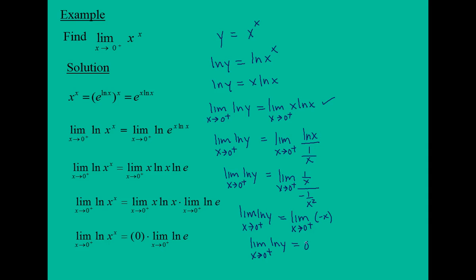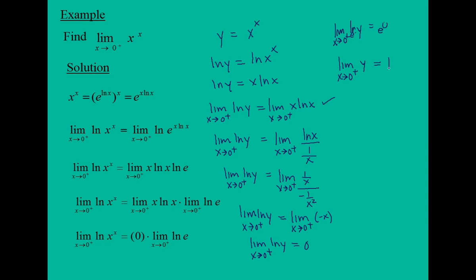Now let's move back up here. If we rewrite this as the natural log of y as x approaches 0 from the right, and we raise each side to the base e, we would now have the limit of y as x approaches 0 from the right equals 1.